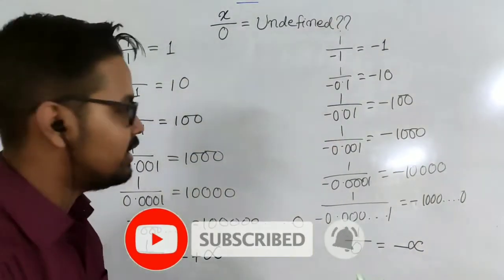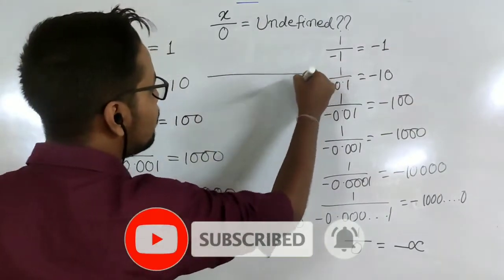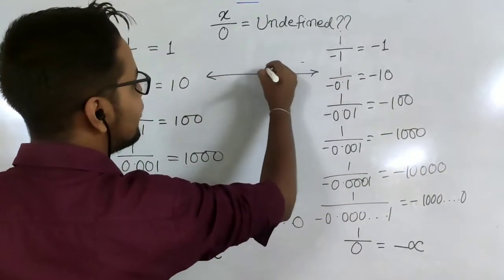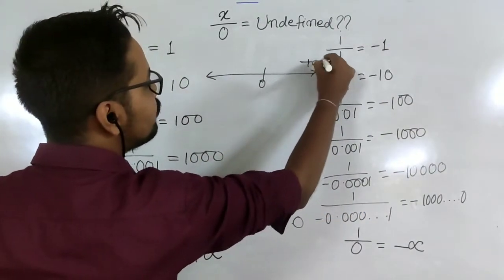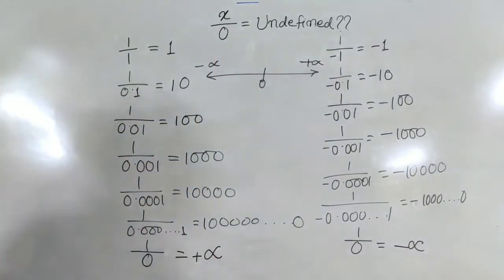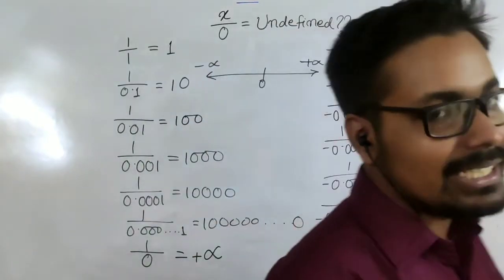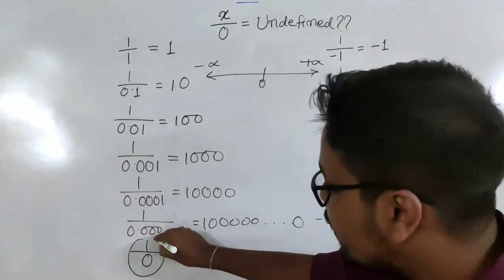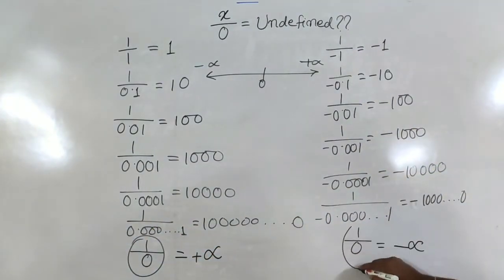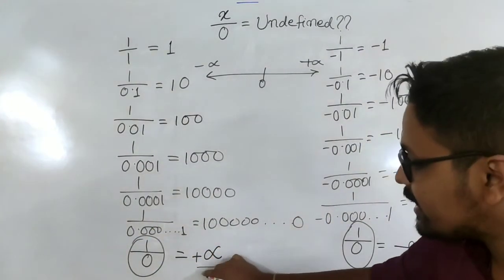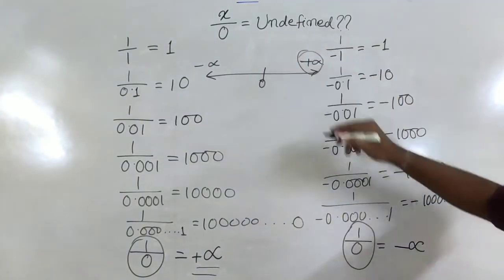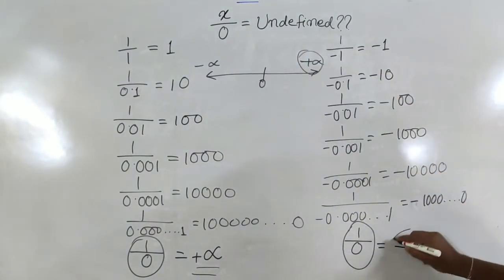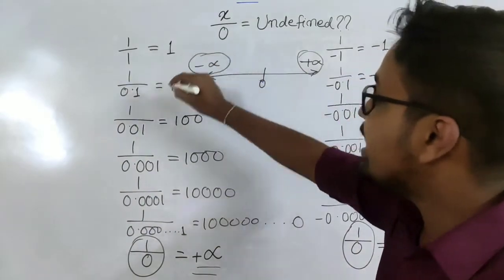Now here is the catch. On a number line, if I draw a number line here, I have this as my 0, this is plus infinity, this is minus infinity. And what strikes us the most is, how can this one single value of 1 by 0, and here also it is 1 by 0, one has a positive infinity value and the other, the same thing, has a value of negative infinity?